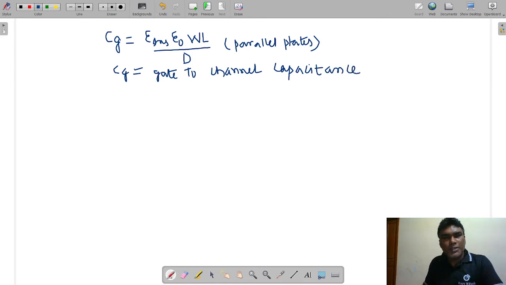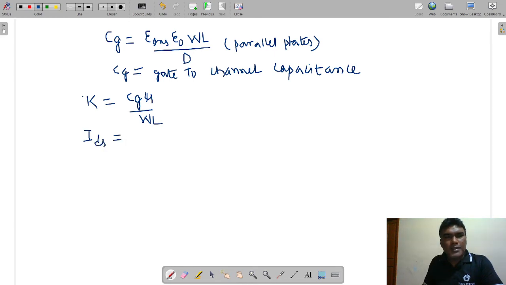So IDS can be written. Let us take this K in terms of CG. So CG into mu by W into L. If you substitute this CG value over here, we'll get the same K value. So K is in terms of CG, CG into mu by W into L. So we can write IDS.